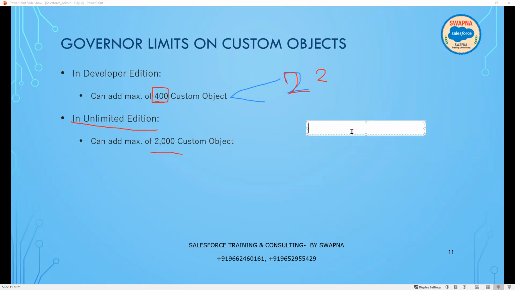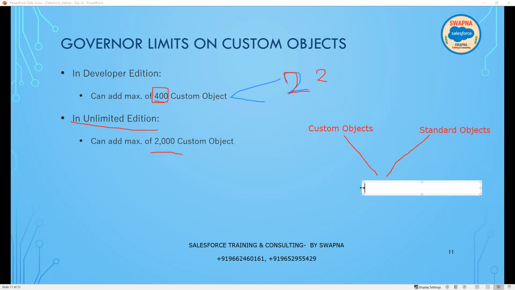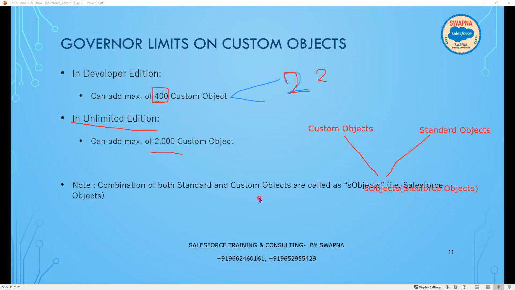When you combine both custom objects and standard objects, it is called an sObject in Salesforce. An sObject is nothing but the combination of both standard object and custom object, which is a Salesforce object. Take notes of it.